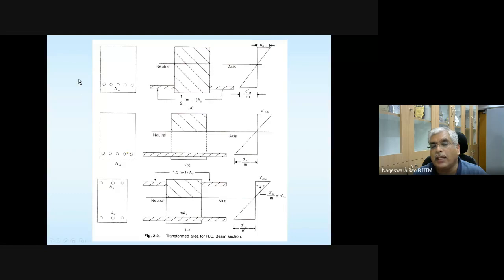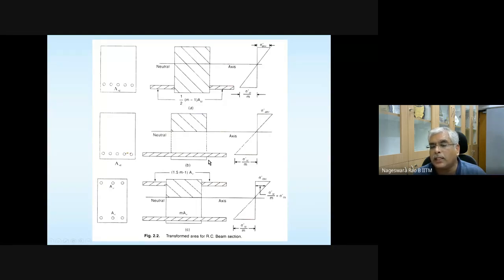So these are the equivalent transformed sections. The middle figure is showing the transformed section for different categories. For a rectangular section, singly reinforced, with reinforcement only on the tension side, when the load is not that high, the first figure applies. When the load is high, concrete below the neutral axis is cracked.